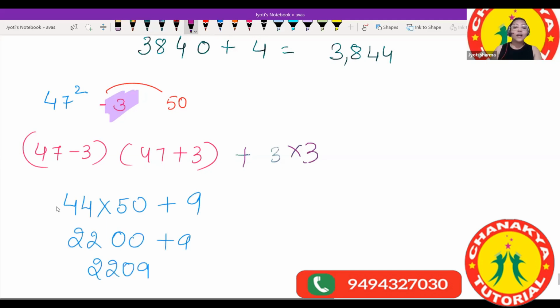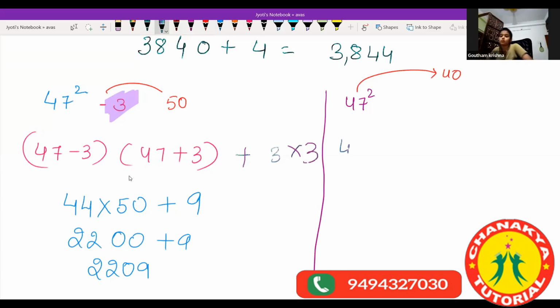Now what if, if I say 47 square, I can solve this question by taking my nearest 10 as 40 also. Okay, what if I take my nearest 10 as 40? What am I going to do? Can anyone explain? Ma'am, 40, nearest is 40, so the gap is 7, ma'am.